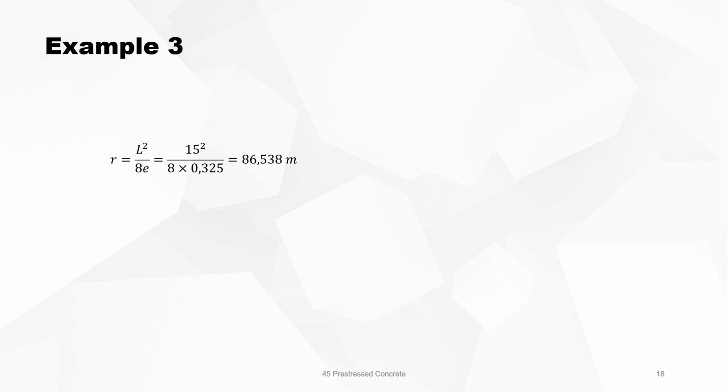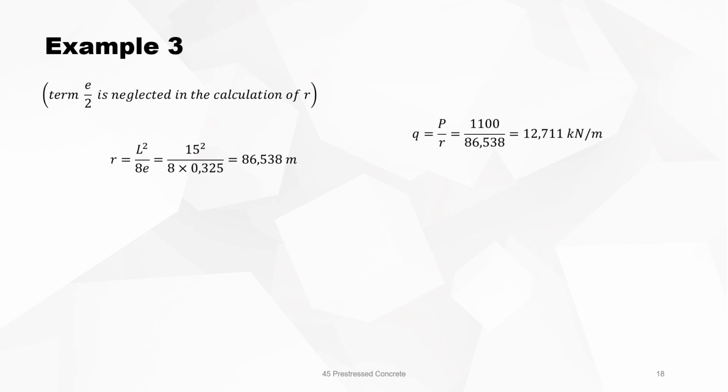We now still have to calculate the radius, which is L squared over 8E, because the second derivative of the coordinate equals 1 over the radius, but this is an assumption for small deflections. So it means, in fact, that there is a term E over 2, which is neglected in the calculation of R. But we will use R is L squared over 8E, and it gives us 86.5 meters.